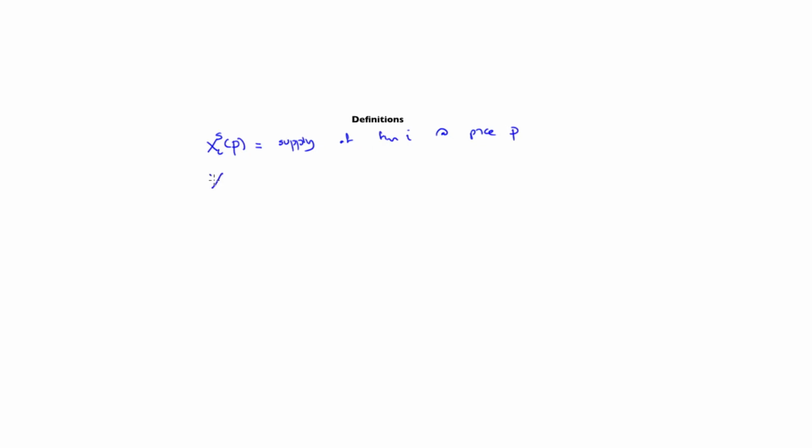And we're going to denote by capital X^S(P) the total supply at price P of all firms in the market. And of course, this is going to be equal to the sum from j equals 1 to capital F of X_j^S(P). As before, horizontal addition is going to be critical.